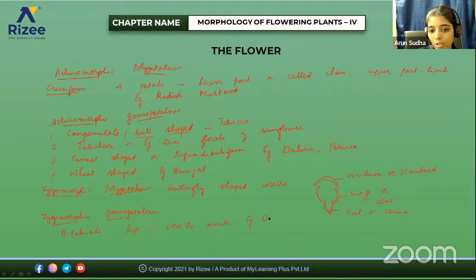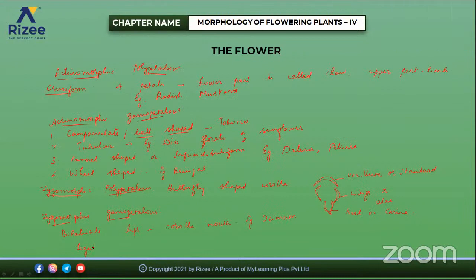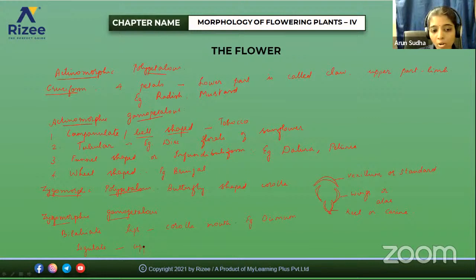The example is ocimum, that is basil, or ligulate. Here the upper part of the corolla is long and they form flattened tongue-like structures. And the example here is the ray florets of sunflower.